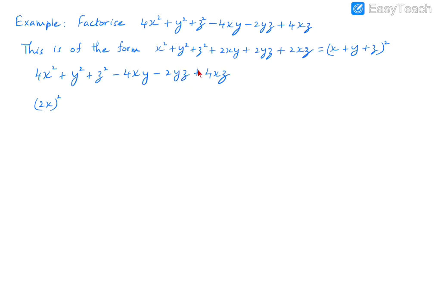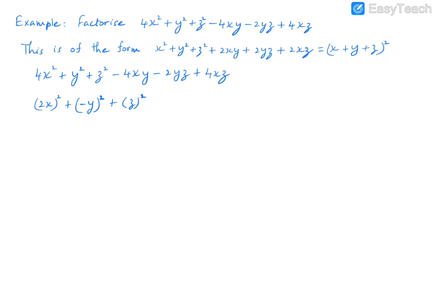And since this is positive for the x and z combination, x and z must both have the same sign. That means they should either both be positive or both be negative. So the best way is to have y as a negative form, so we'll have it as (−y) the whole square. Minus y the whole square will become plus y squared, which is this, and the z squared will remain as z squared.